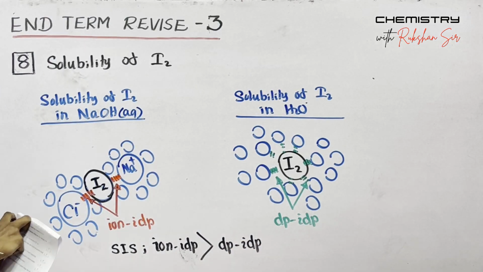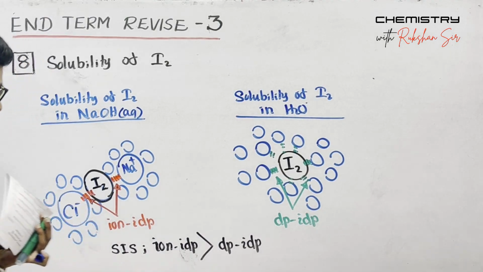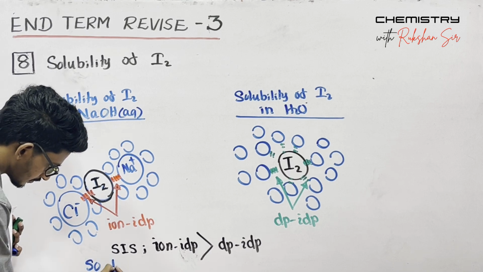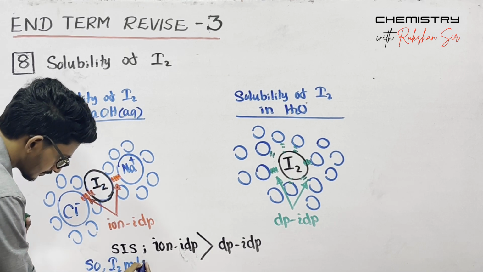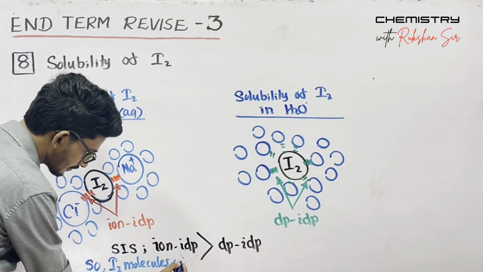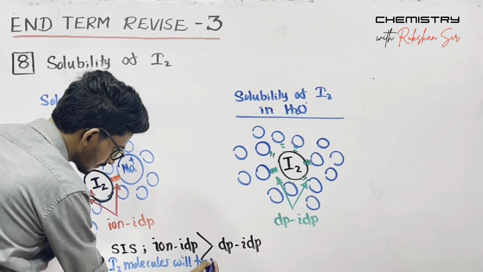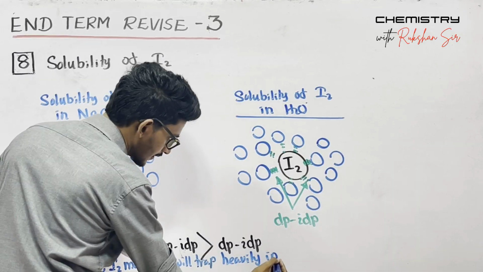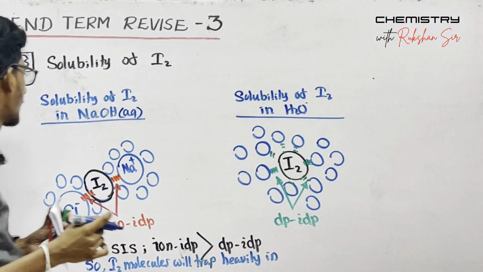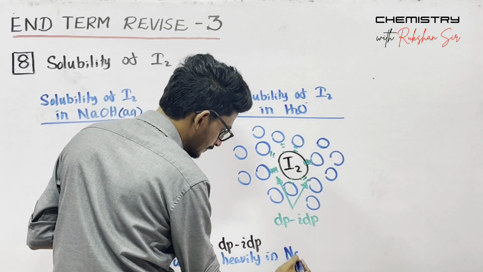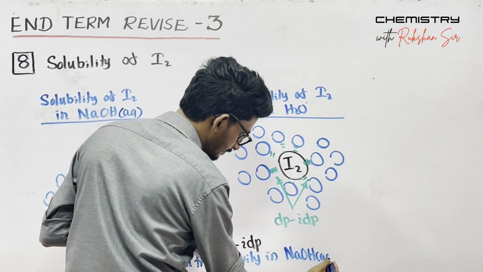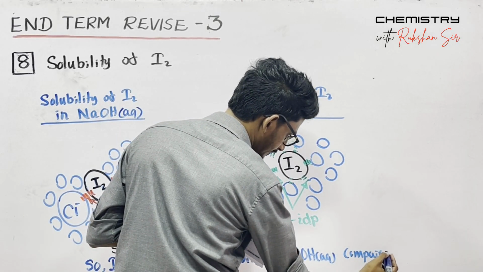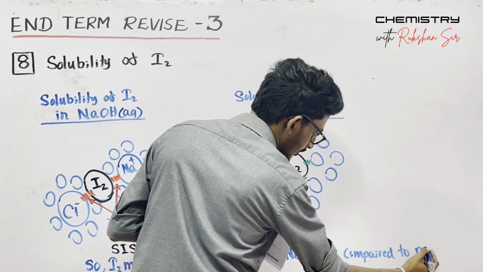So I2 molecules will be trapped heavily in NaOH compared to pure water.